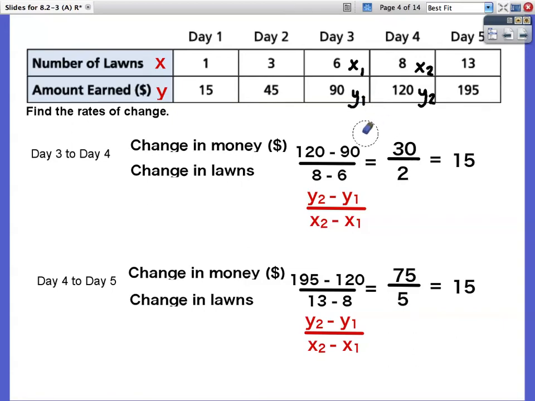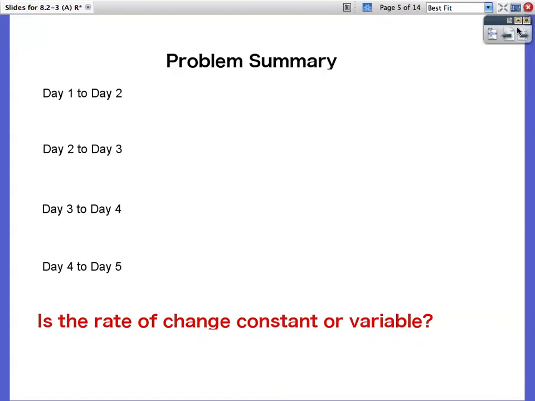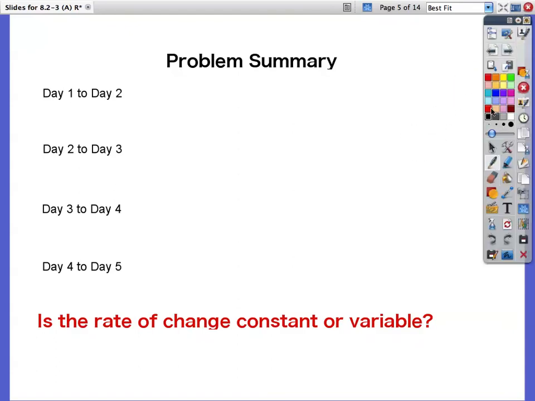Does that mean that the rate of change is constant, or does it mean it's variable? And that's what I want us to consider now. Well, since we know it was 15 for each day, we say that the rate of change has to therefore be constant. The word constant means without change.